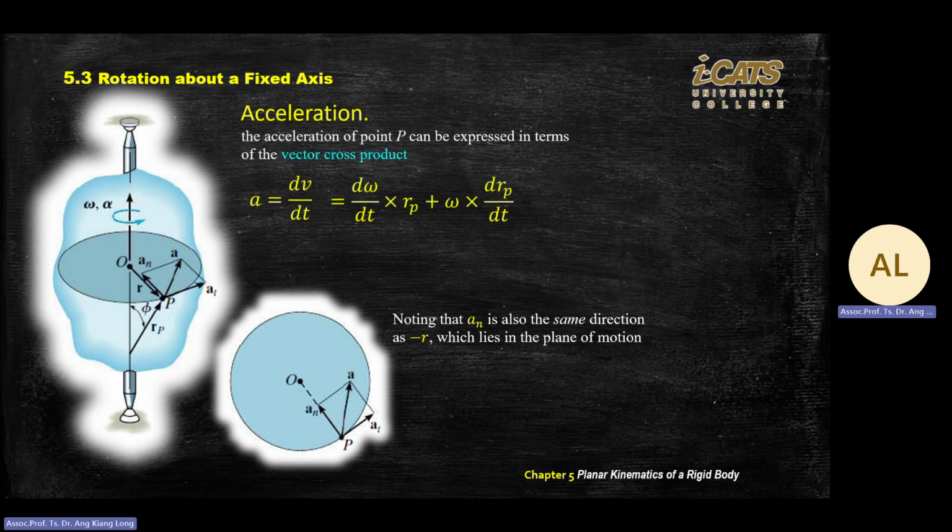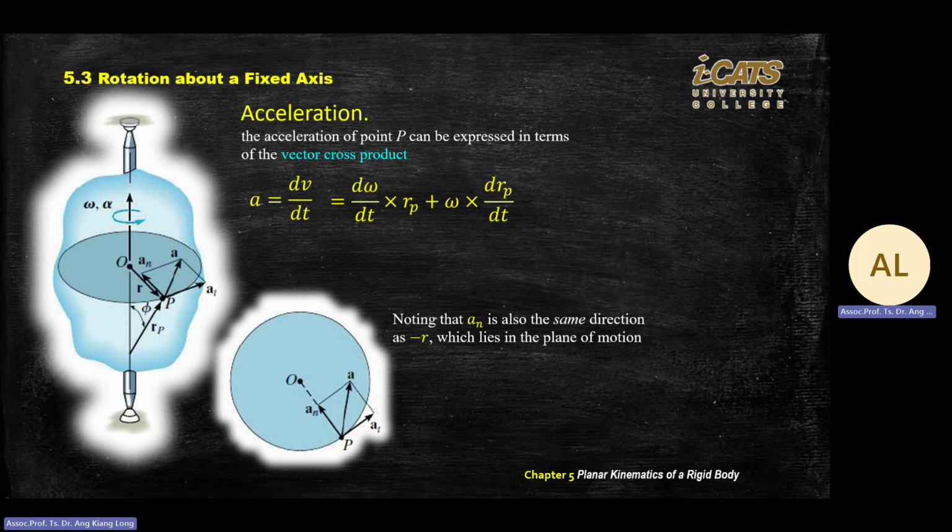Okay, this is for info. You no need to memorize. a equal to dv/dt, and actually it's a cross product because you deal with two terms of vector, and it deals with differentiation. Means you differentiate uv, you will get u dv/dt plus v du/dt, something like that.